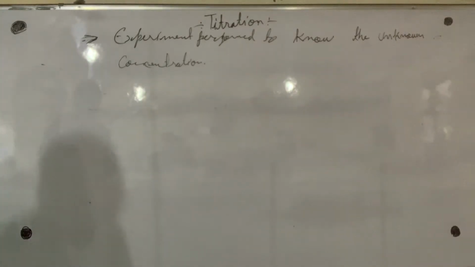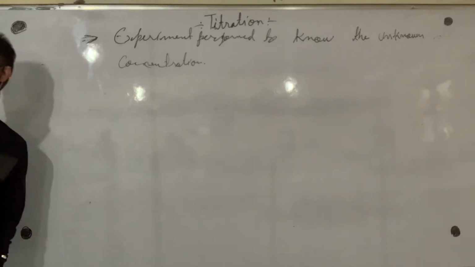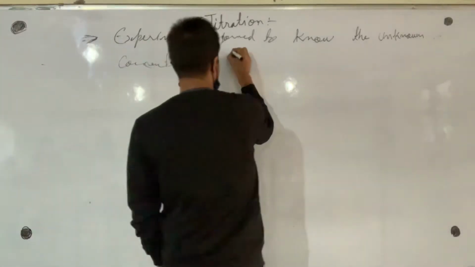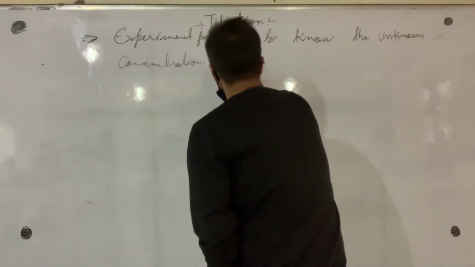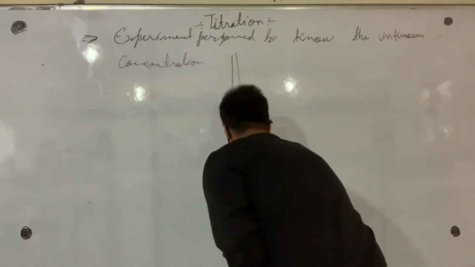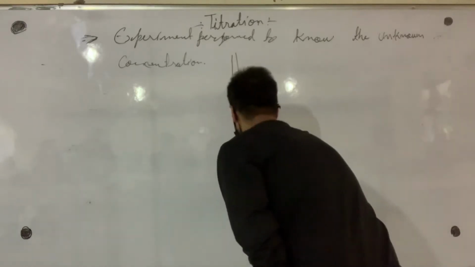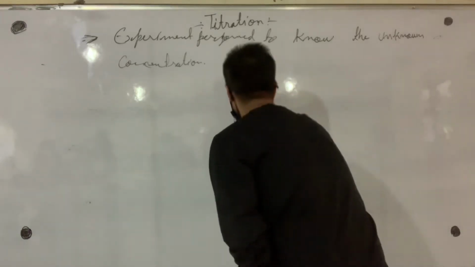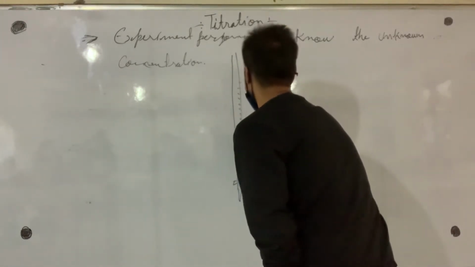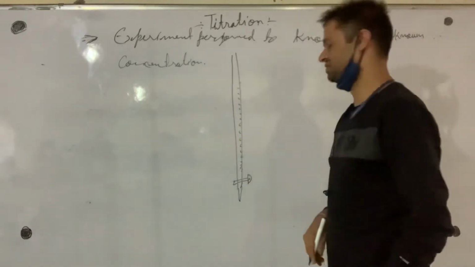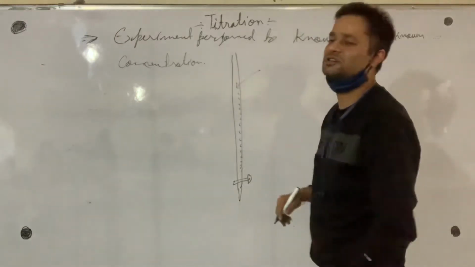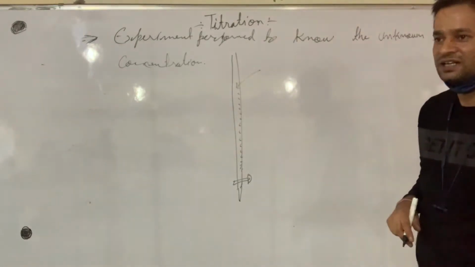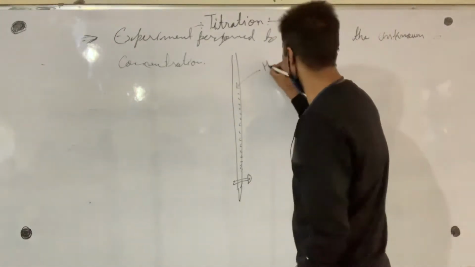Now, what actually can we do? What should be filled in the burette? So I will draw this burette. It has a stopper and it has markings. You can take any solution in the burette. Generally we take HCl.